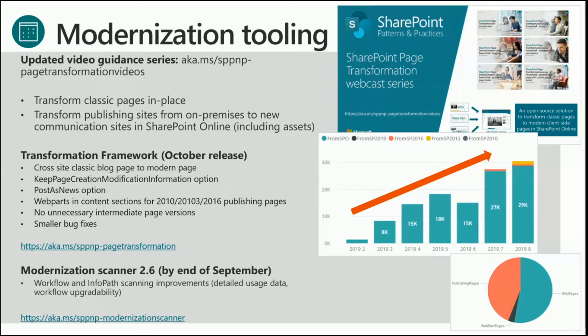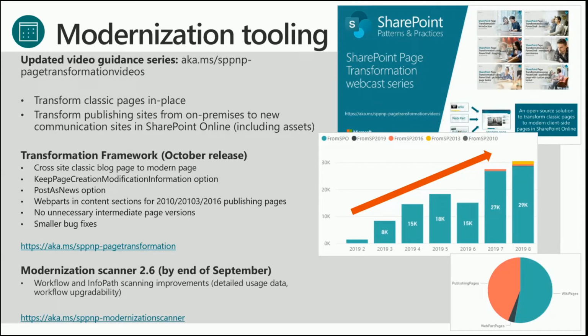One of them will be classic blog page to modern page. So if you have a classic blog still living in your environment and you want to get rid of that one, now you can simply use page transformation, and it will read the blog pages and will create equivalent modern pages in, for example, a communication site. So you can really upgrade your blog to something modern.